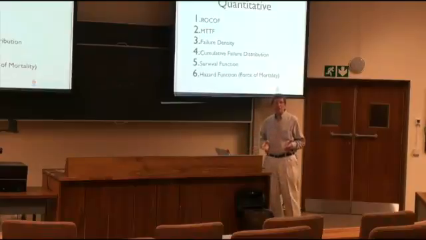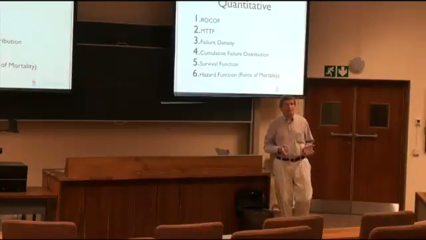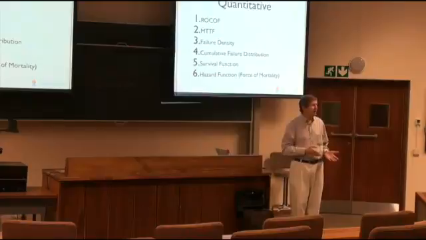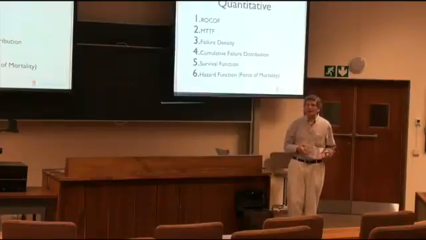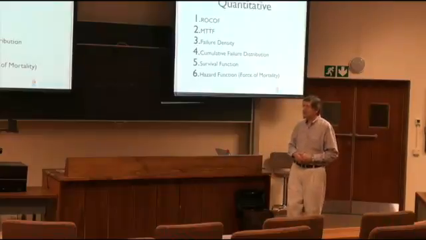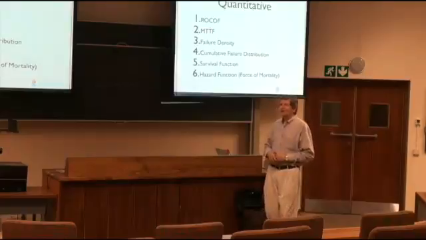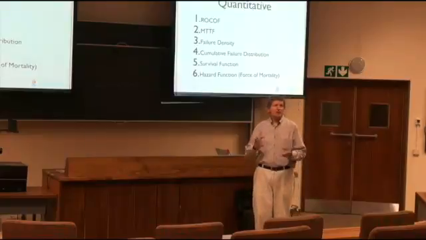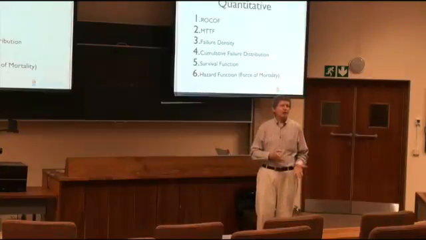But unfortunately, when you start reading theory in other textbooks and so on, you will invariably have the problem that you see people using the term failure rate. And then you have to decide for yourself, well, what are they talking about? Are they talking about the ROCOF, or are they talking about the force of mortality? Which one are they talking about?